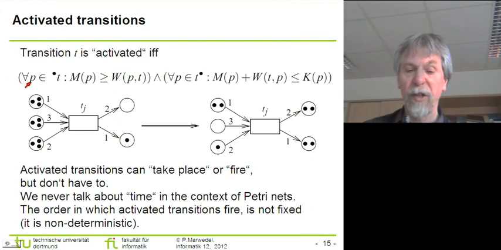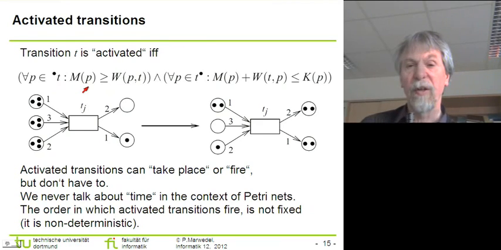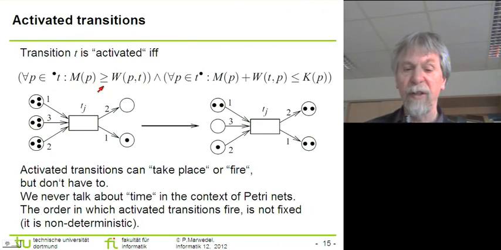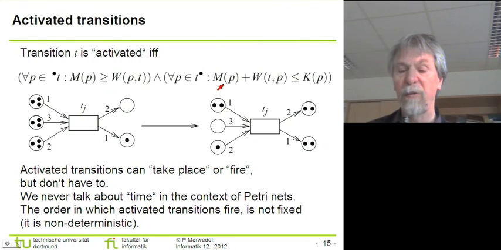So formally this can be written as follows. For all the places in the precondition set, the number of tokens must at least be equal to the weight of the connecting edge. And for all the places in the post-condition set, there must be enough capacity left on these places. So if we increase the number of tokens by the weight on the edge, we should not exceed the maximum capacity of the post-condition set.